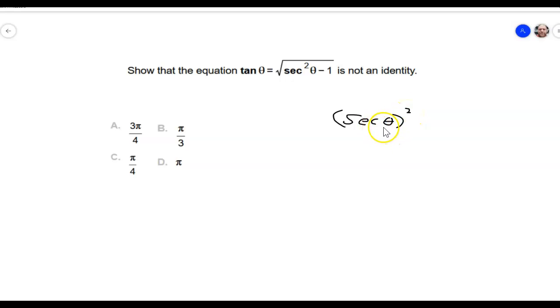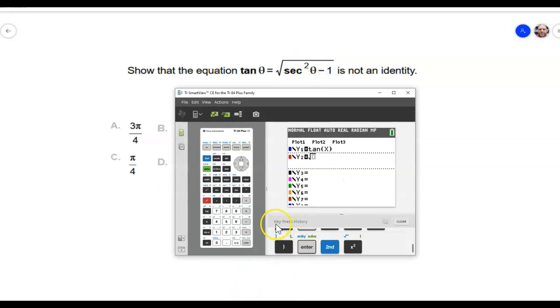And secant of theta is really 1 over cosine of theta, since we don't actually have a secant button. So that's really just 1 over cosine of theta, quantity squared. This is how we write secant squared of theta in our calculator, so we have to do it in two steps.